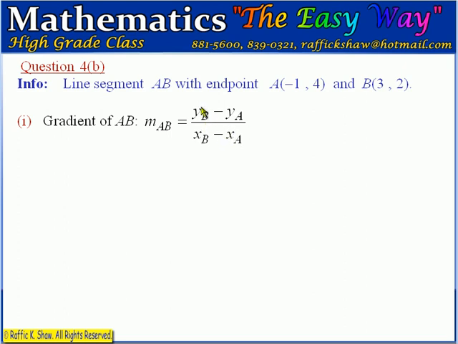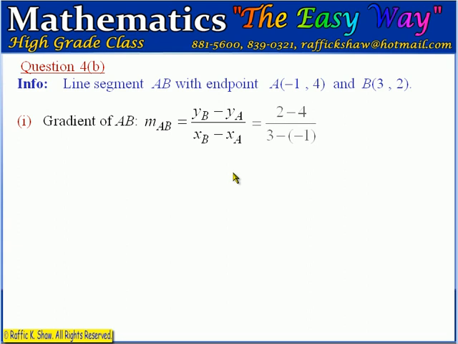So let's leave it like this, and we will do yB minus yA. yB means the y value at B, yA is the y value at A. xB is the x value at B, xA is the x value at A. And so we are doing the difference in y divided by the difference in x, and we are going B point minus A point, B point minus A point.